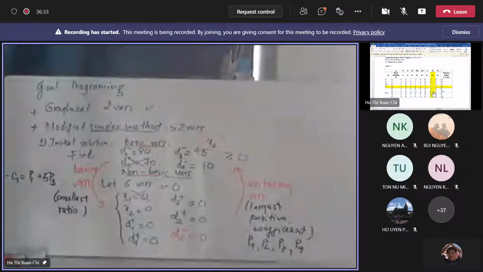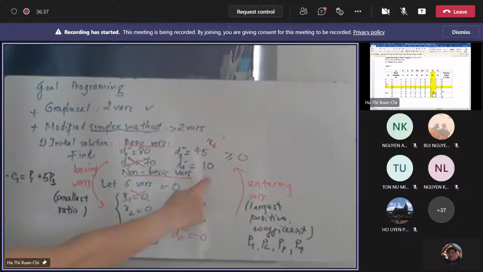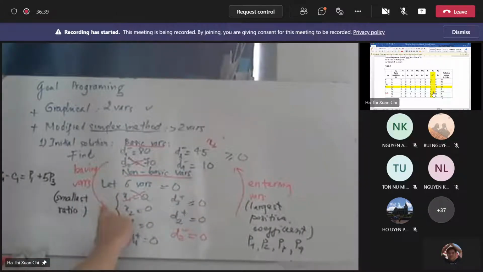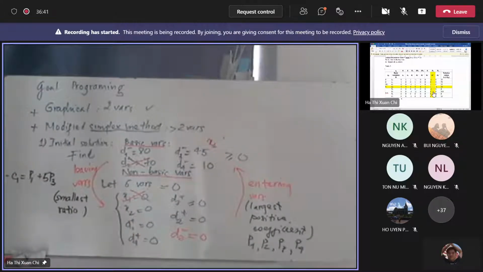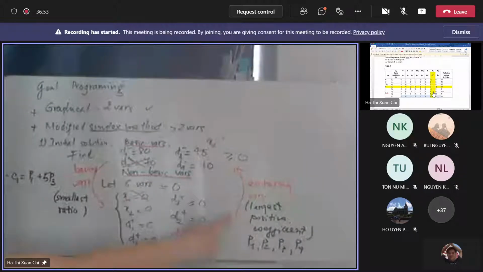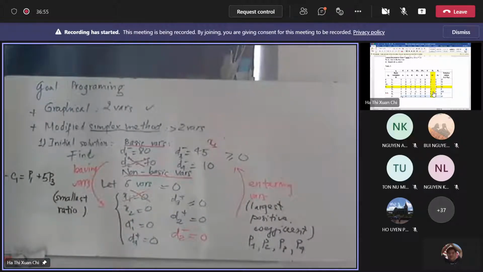No question, right? So we just do the first round, that is the entering and leaving. But you look at this one, any largest positive coefficient, any positive coefficient? No, right?